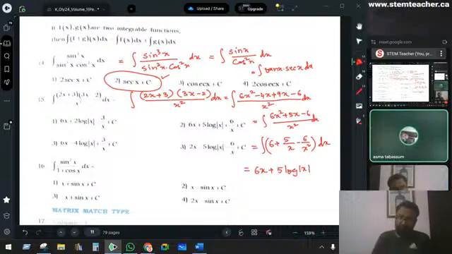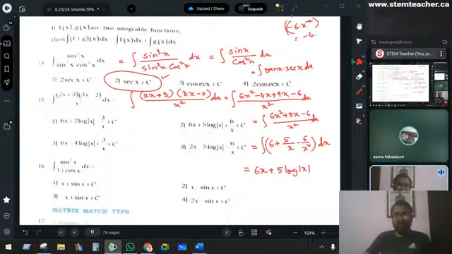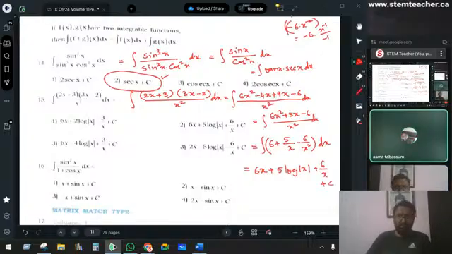And minus 6 by x square is minus 6 into x power minus 2. Its integration is minus 6 into x power minus 1 by minus 1, that is plus 6 by x, plus c.